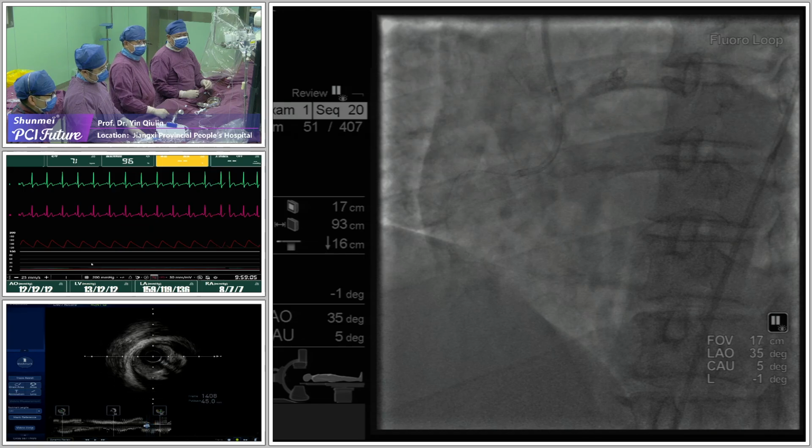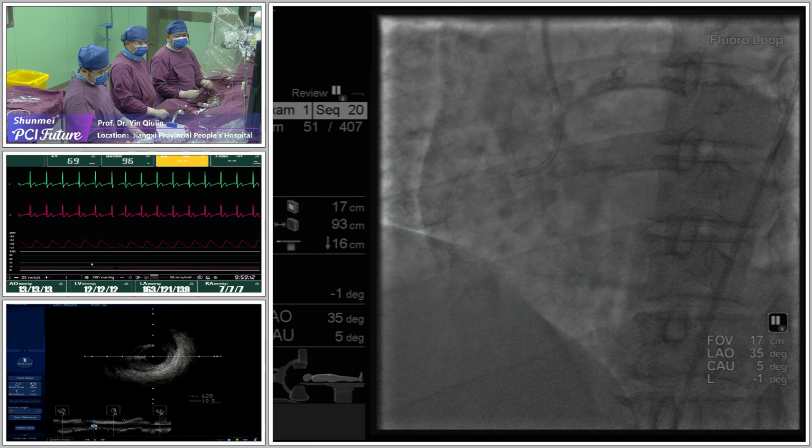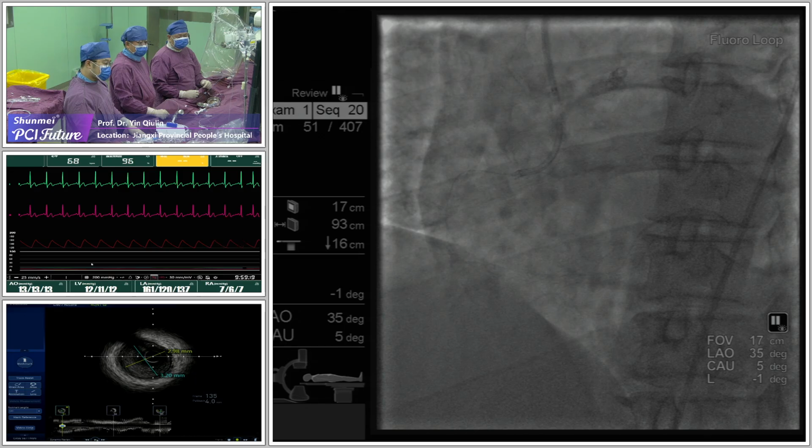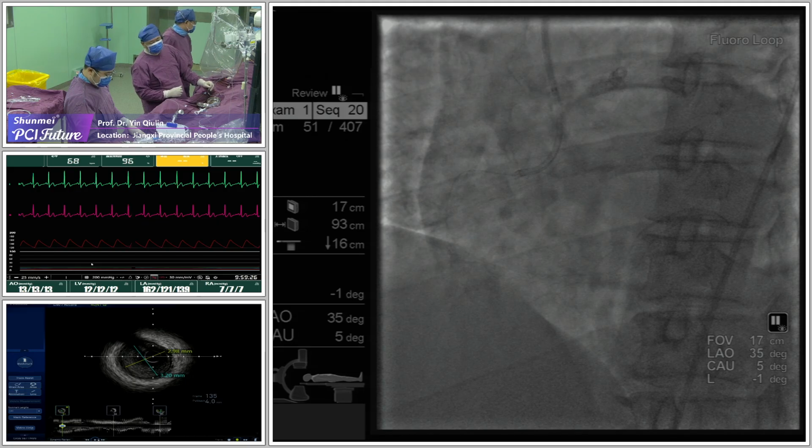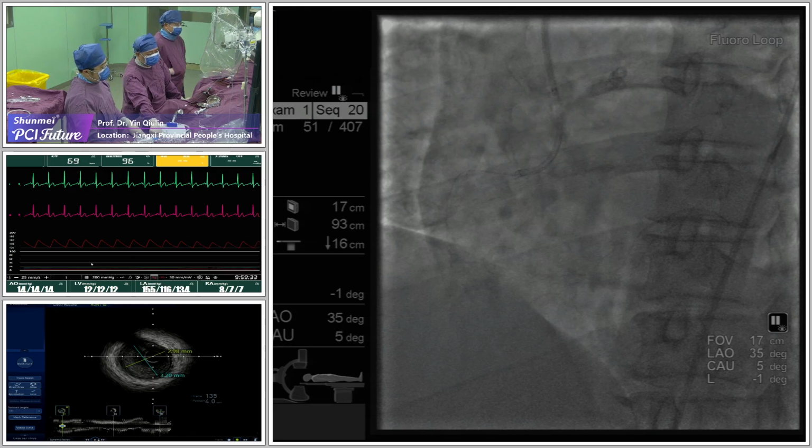Very close to the epicardium, I think. Maybe you need to manipulate the wire very carefully. Maybe Xiang and Su03 is safe, but like you see, we need to be very careful because it's very close to the distal PDA.